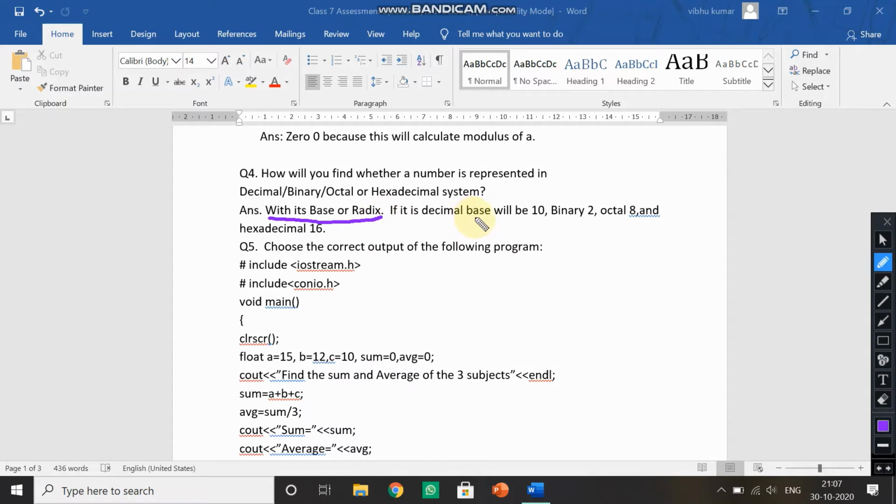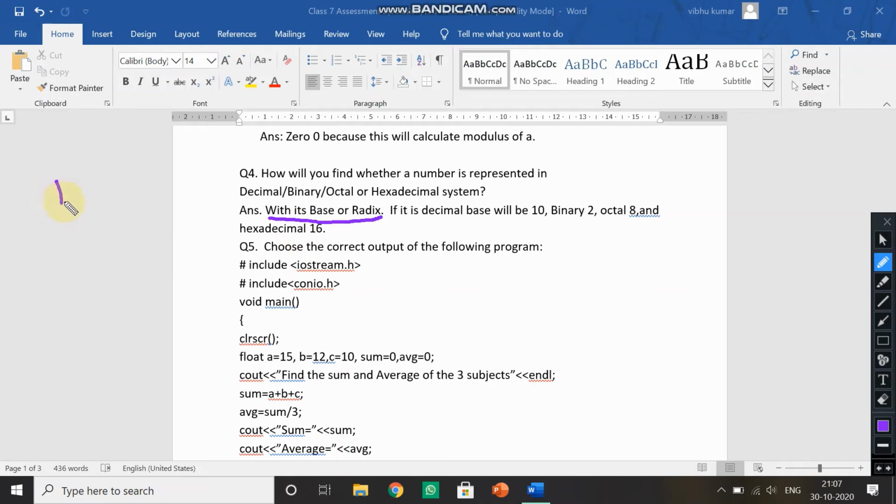If any number's base is 10, then it will be a decimal number. If the base is 2, then it will be binary. Same, if the base is 8, then it will be an octal number. And if the base is 16, then you will find that the number is representing hexadecimal.